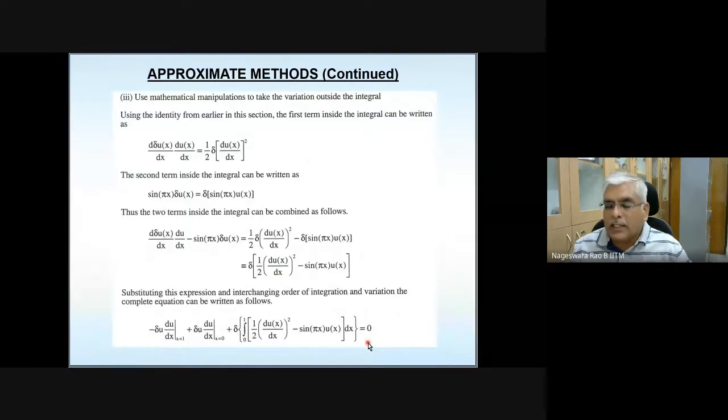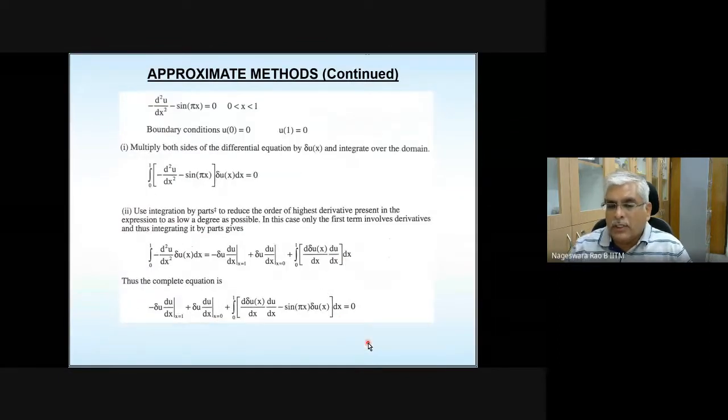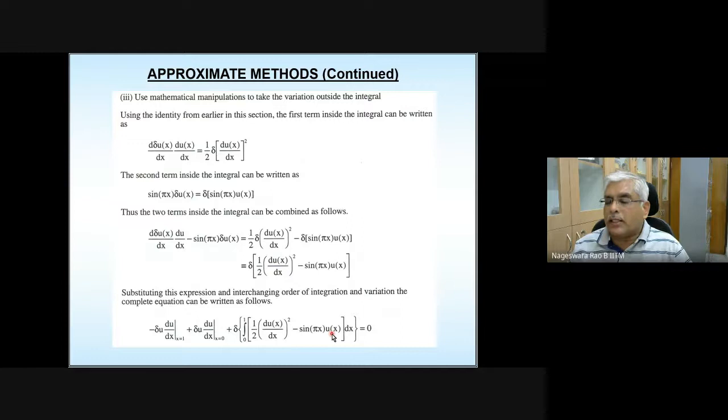You can see that whatever is there here is recast or rewritten in such a way that it is something inside the bracket, or variation of something inside the bracket. Okay, so that is what is written here. Please take a note of this last equation.